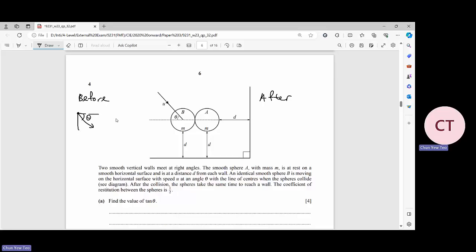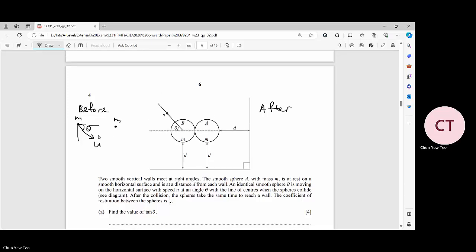A doesn't have any motion. Both of them have mass M. This one is U. This one will be U cos theta. This one will be U sin theta. So this is the A.